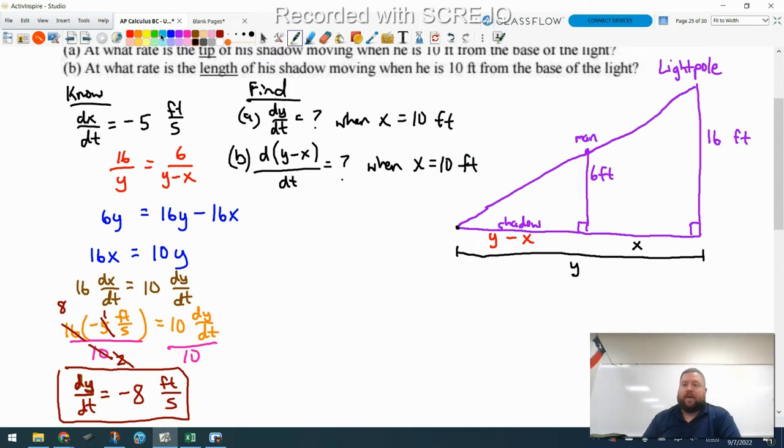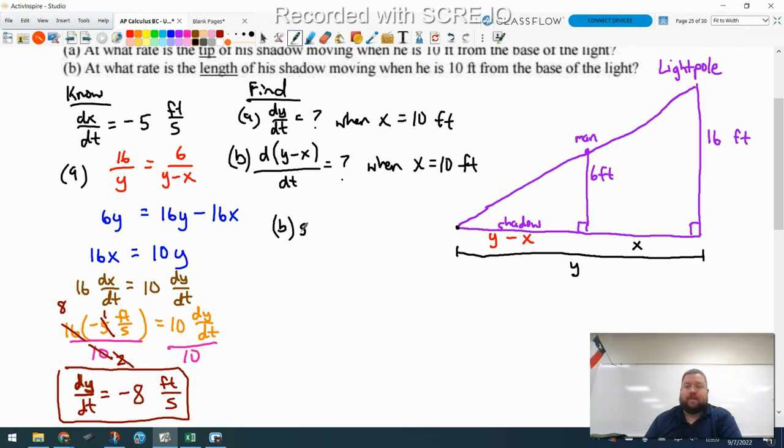For part B, all of this over here was part A. So for part B, I'm going to write a little sentence here for our notes. Since both questions refer to the moment in time where x is equal to 10, you can use your answer from part A to do part B. And that makes this really, really easy, actually.